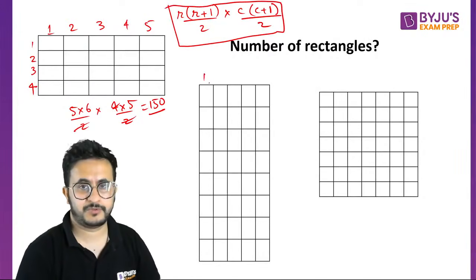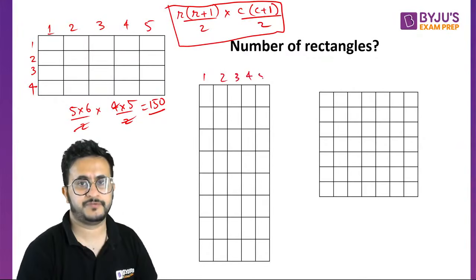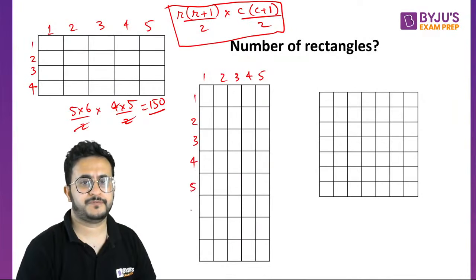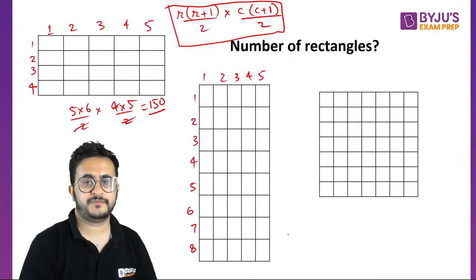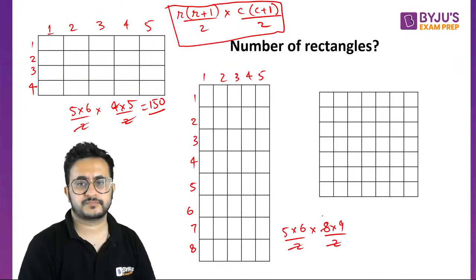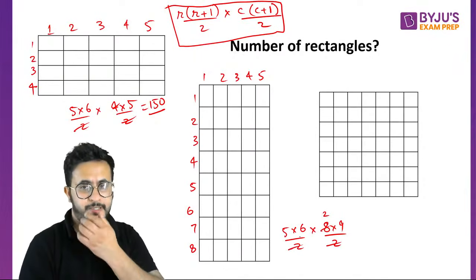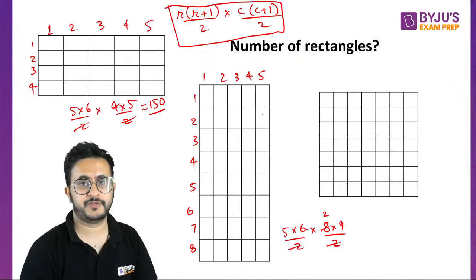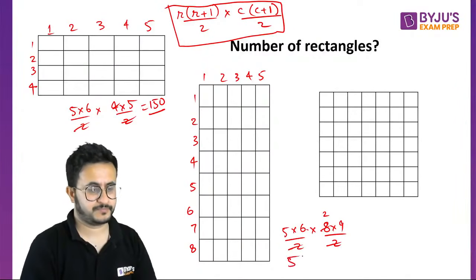In this case it will be 1, 2, 3, 4, 5, 3, 4, 5, 6, 7, 8. So 5 into 6 by 2 into 8 into 9 by 2, that is 15 into 36, 540.